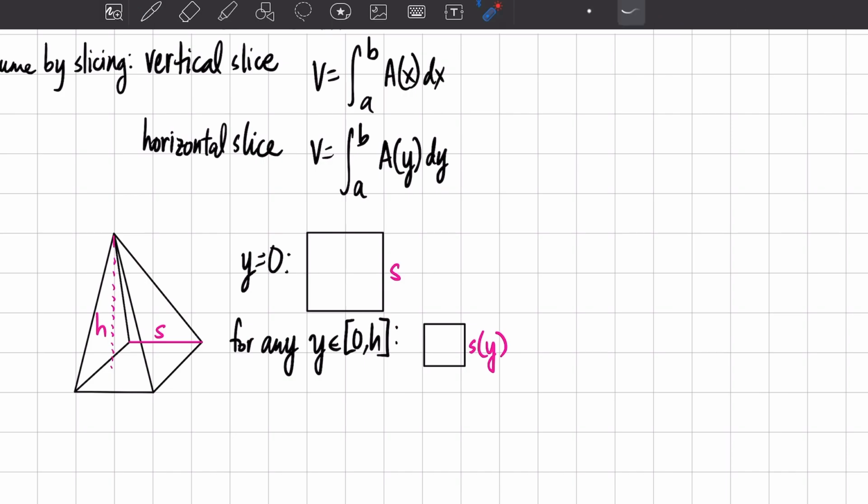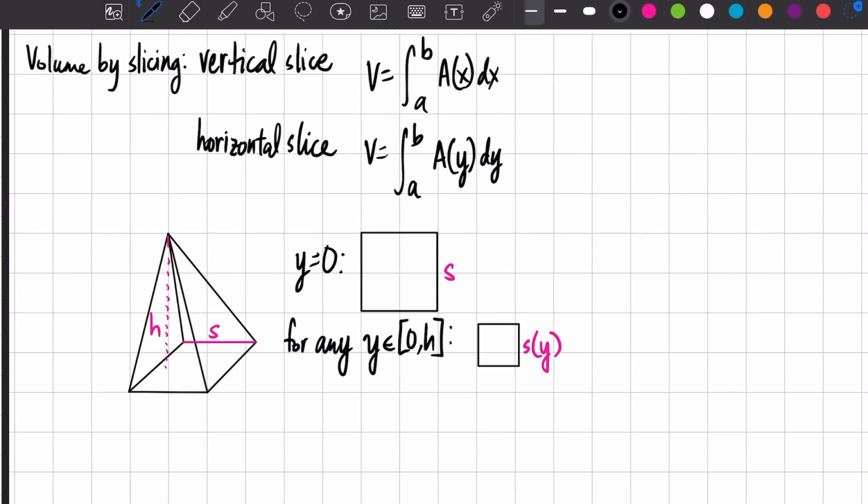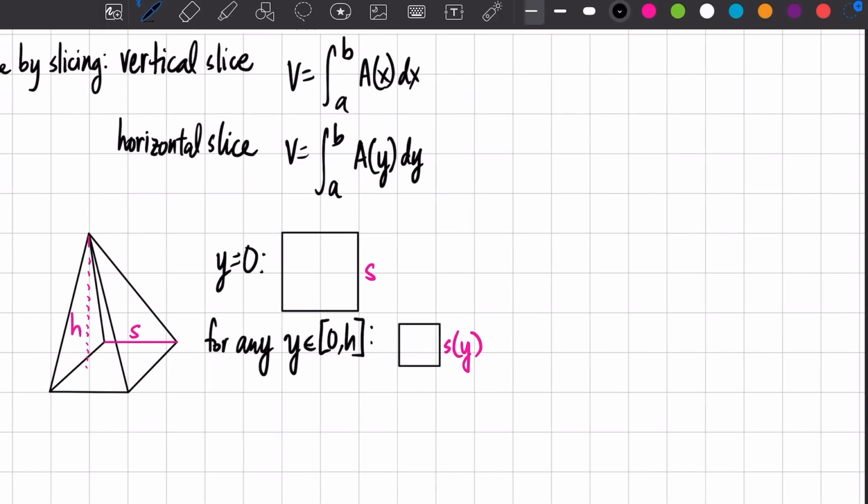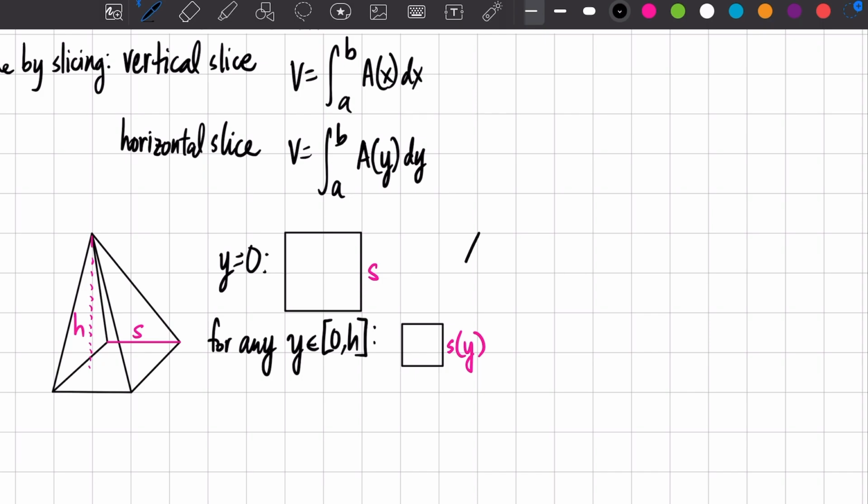If you start with the bottom portion, you know that you have a triangle with a base of s, and if this is a square, you'll expect an isosceles triangle right here. So that's a triangle with base s and a height of h.